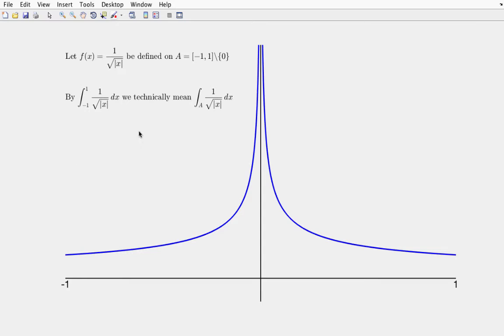But of course, what I really mean is the integral over the domain, which is of course the same as the integral of f tilde from -1 to 1, where as before f tilde is f if x is in the domain and 0 otherwise. Oh, that's a typo. That should be x in A.